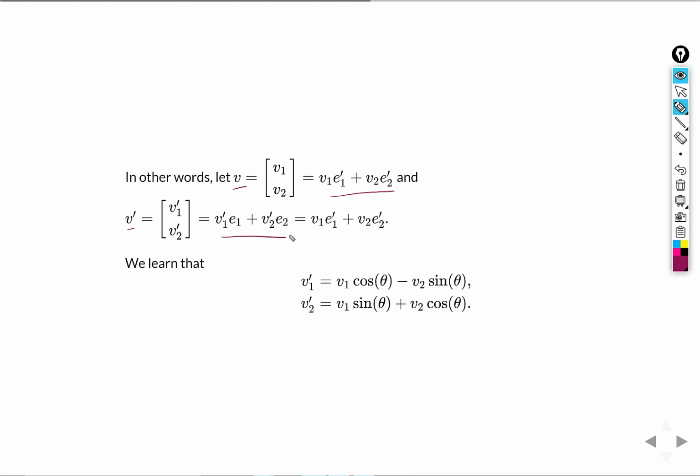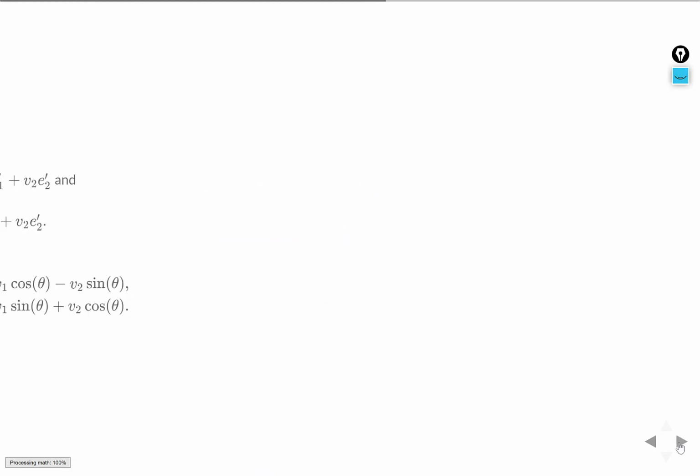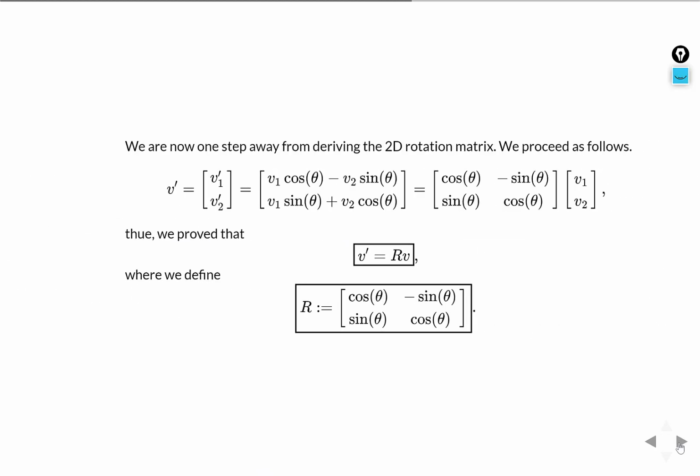Now we would like these two vectors to be equal. So we set them to be equal. Notice that they use different bases. Now let's write this in the matrix form. We write our vector v prime and substitute the relationship we derived according to v and the rotation angle theta into our vector.